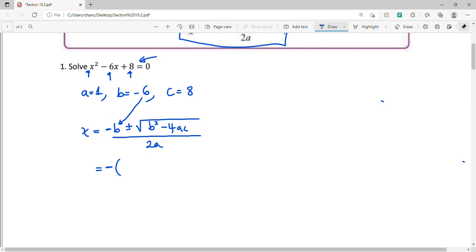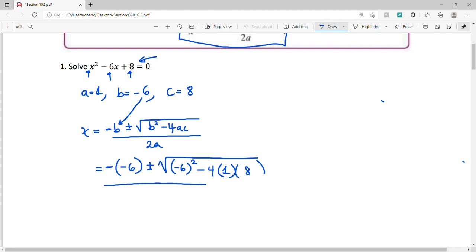And then we'll substitute a negative 6 for the b, plus or minus the square root. Again, we'll replace this b with a negative 6. Be sure to use parentheses every single time we do a substitution. We'll replace the a with a positive 1 and the c with the 8. And we're going to divide this entire thing by 2 times a. And a is a positive 1.